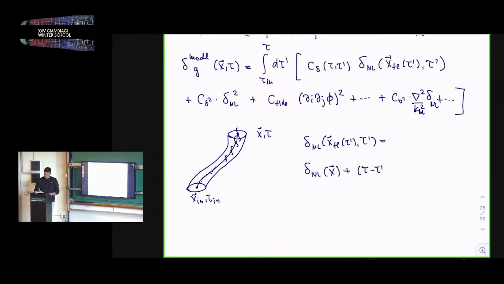These details are really not important. I'm just writing it down for completeness, delta nonlinear at x and so on, where this derivative must be a convective derivative.